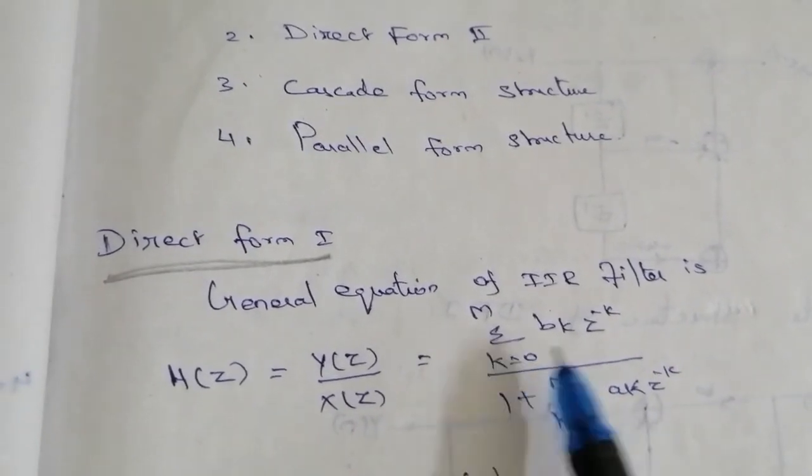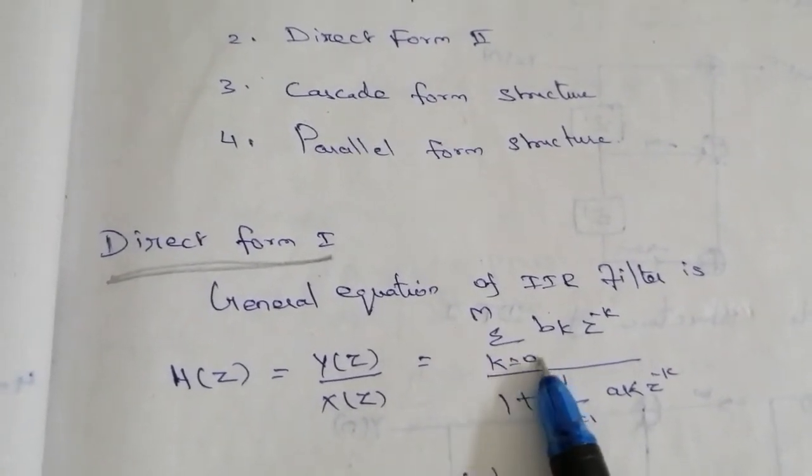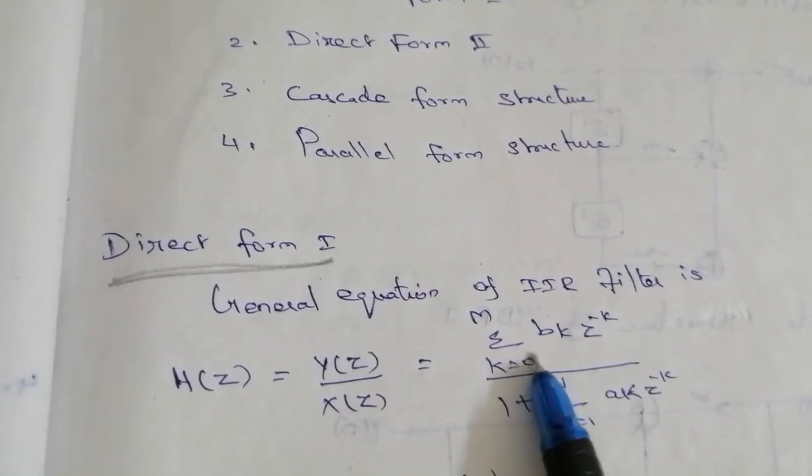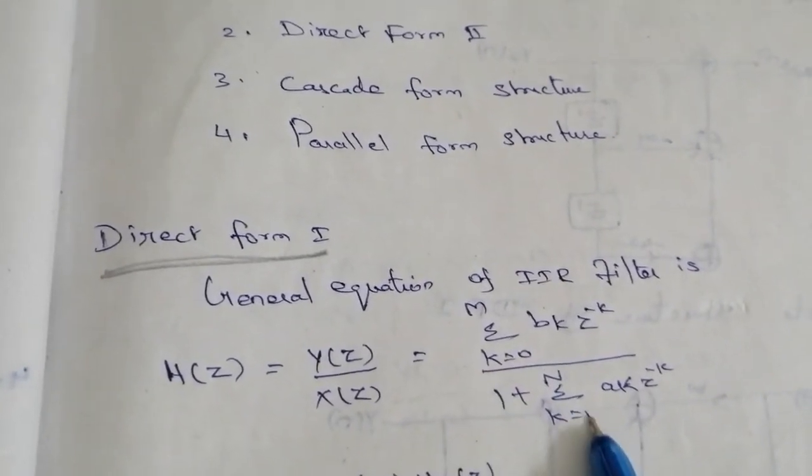Just notice that the summation range in the numerator starts from 0, and in the denominator from 1.